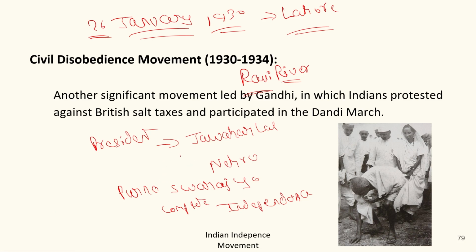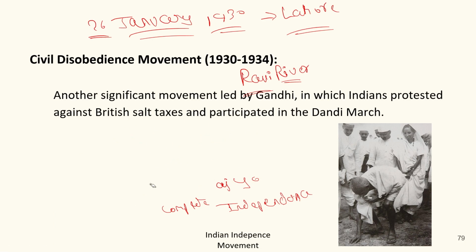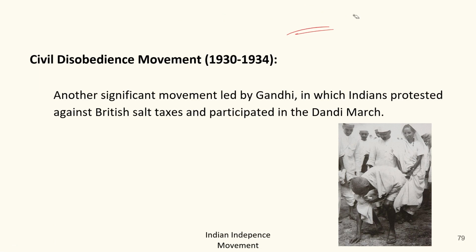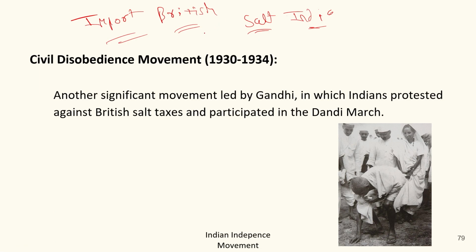The Britishers were not happy after seeing this. They played a smart move, and the move was the imposition of the salt tax. Basically, the British salt merchants wanted to import British salt into India. But to ensure maximum profit, the Britishers had to control domestic salt production.